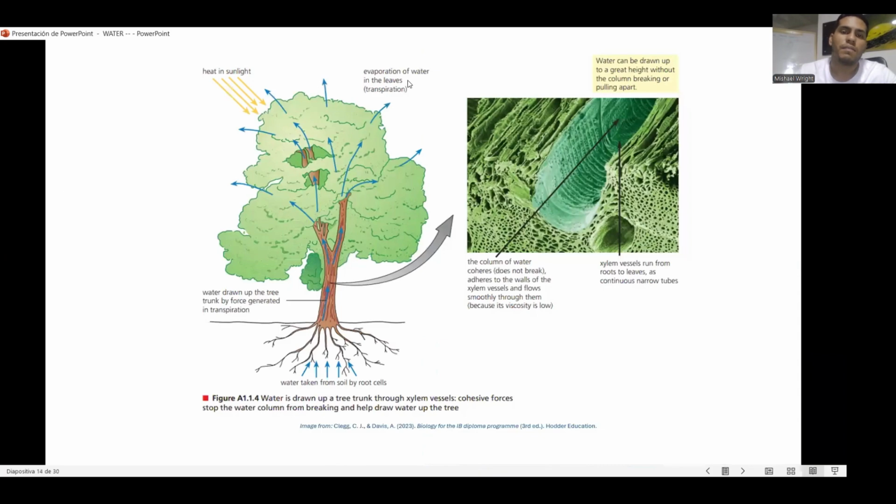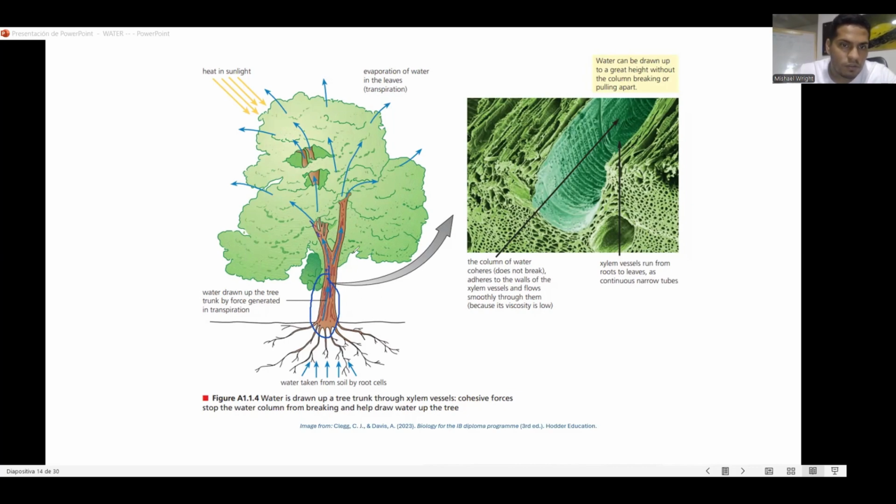Okay, so here I have a diagram explaining this. Basically, we have the tree here, and the water is taken from the soil by the root cells. Water is drawn up the tree trunk by force-generating transpiration, using its xylem vessels.